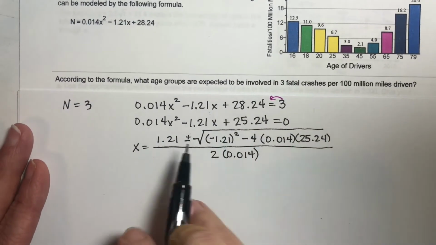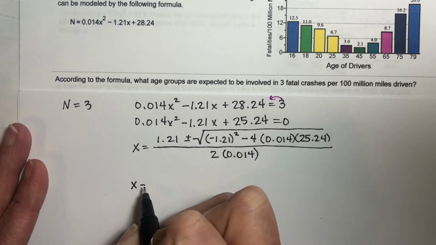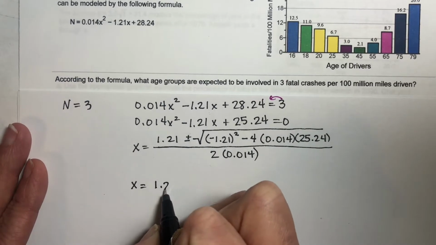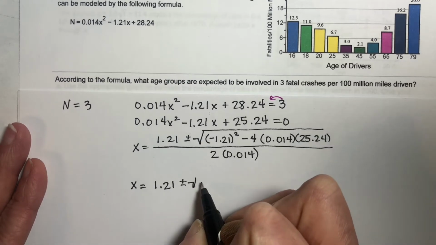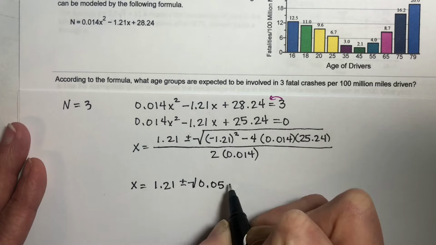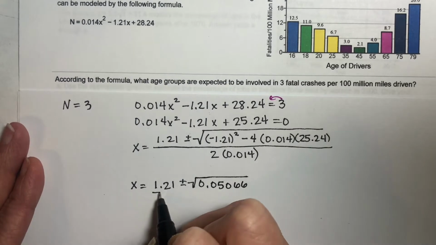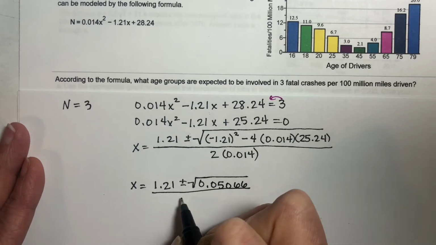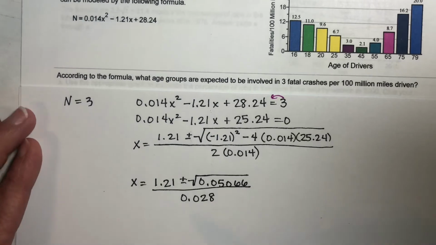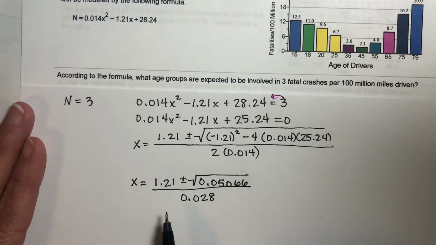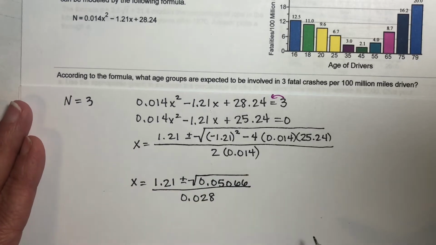Okay, so I do the arithmetic in here, and I'm going to do this multiplication, and we find that x is equal to 1.21 plus or minus the square root of 0.05066, and this is over 0.028. Now we do have 2 answers here, and I went to my calculator, and you calculate it first using a plus here, and then second using a minus.